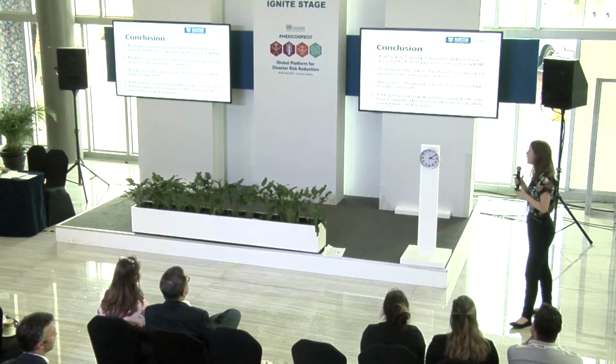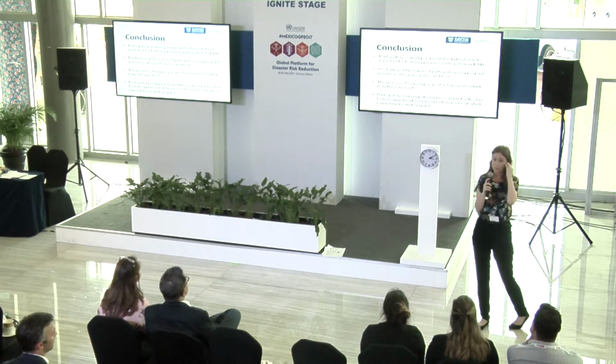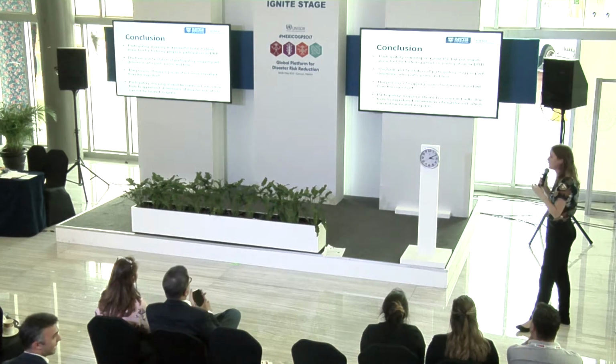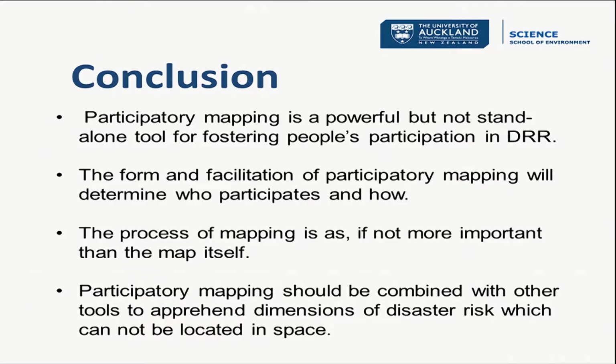So to conclude, participatory mapping can be a very powerful, yet obviously not a standalone tool for fostering people's participation in disaster risk reduction. The form and facilitation of participatory mapping will determine who participates and how. So reflecting on some of those tools, something like drone mapping or balloon mapping may only involve one or two people.